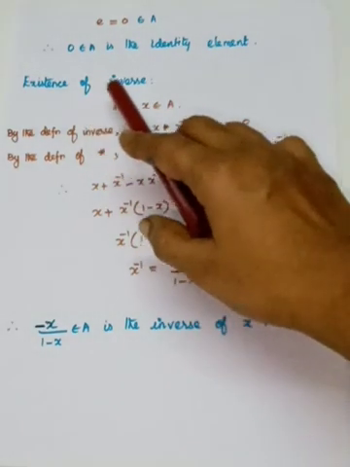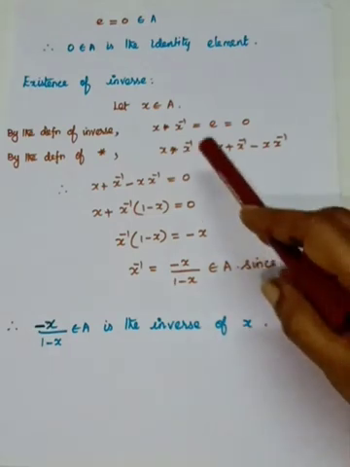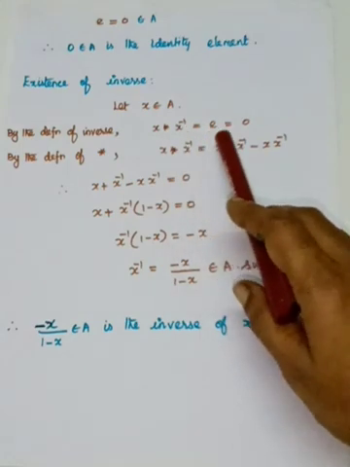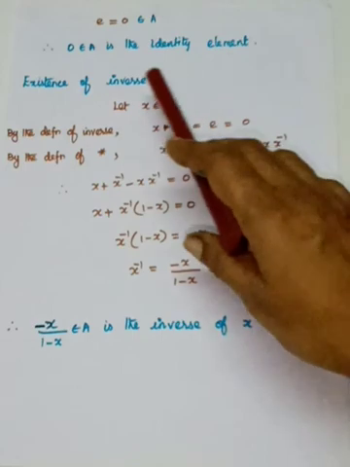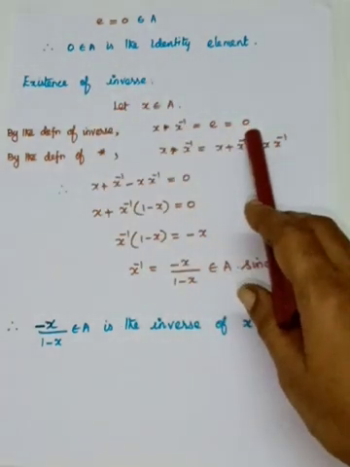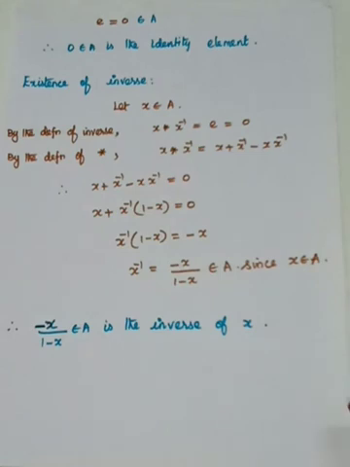Next, existence of inverse. So I'll take one element, X belongs to A. Now we are going to use the definition of inverse. What is the inverse property? X asterisk X inverse is equal to E. Okay, what is your E? What is the identity element for the set? It is 0. Here I have written 0. So for the same elements X and X inverse, you are going to use the definition of asterisk.